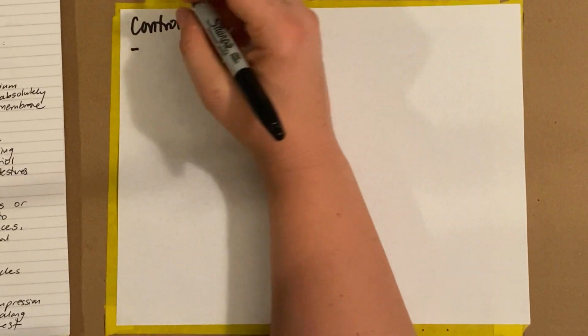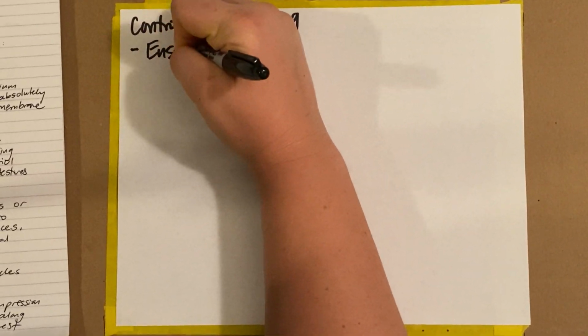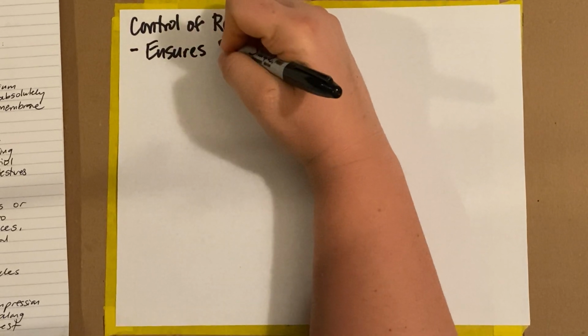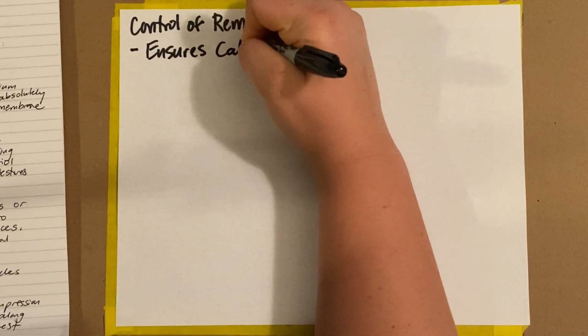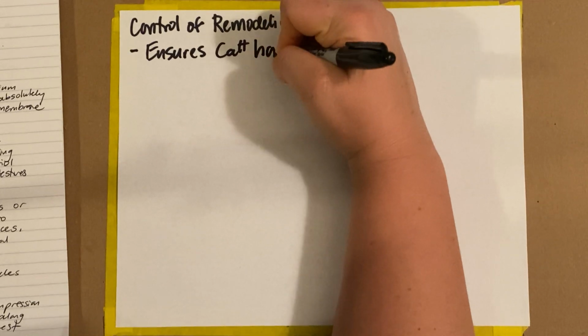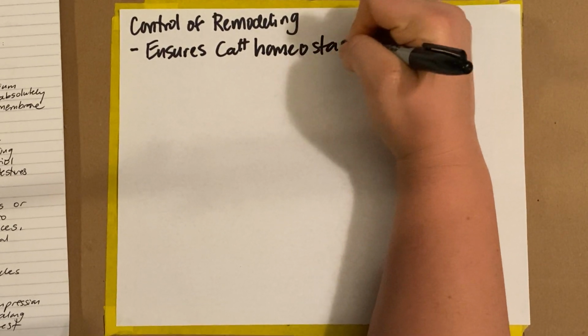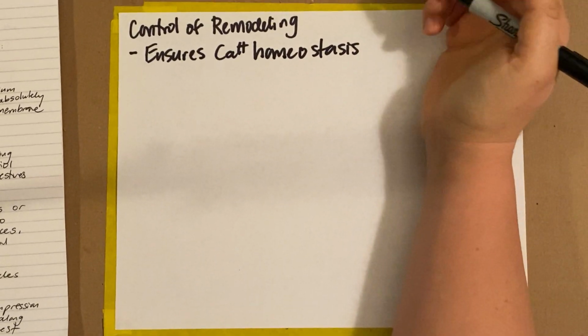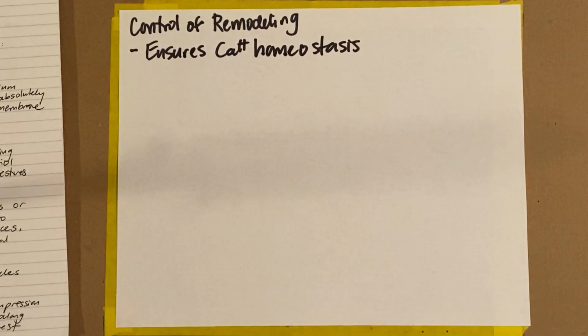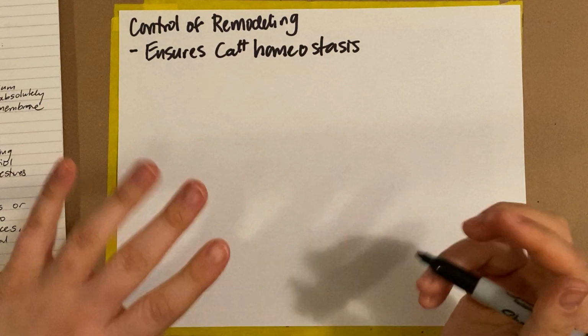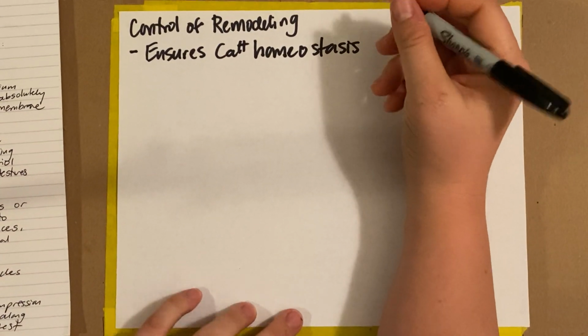The first purpose is that it ensures calcium homeostasis is at what it should be. Okay, so we have to maintain a very specific level of calcium in the blood and in different regions of the body so that we can have normal function.